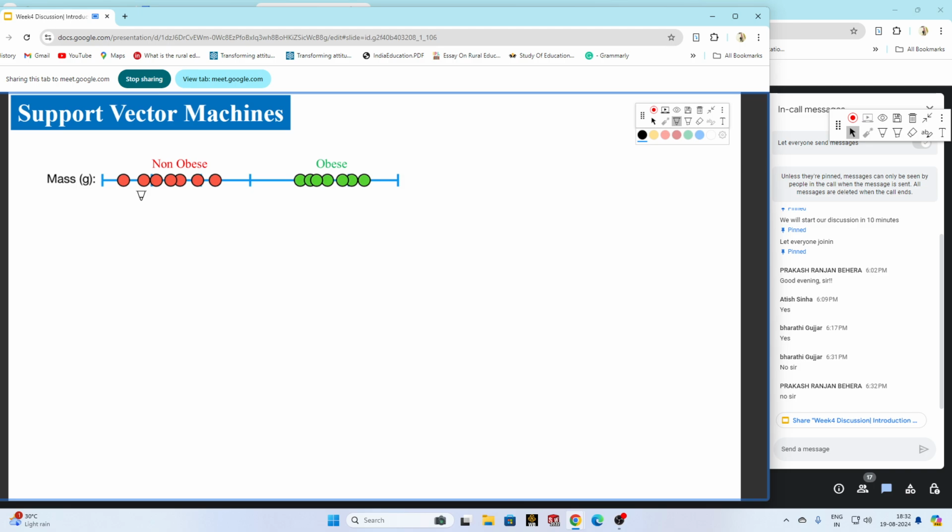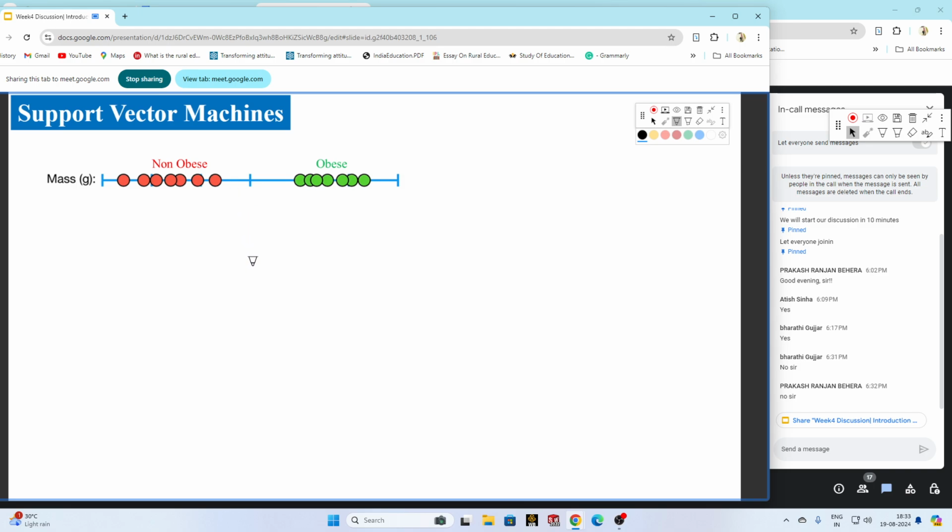When the mass is less than some threshold, we label it as non-obese, and when the mass is greater than some threshold, we classify it as obese. Obese is given by the green color, non-obese by the red color. So this is all about our data set.